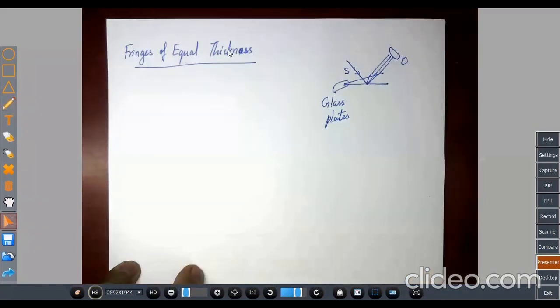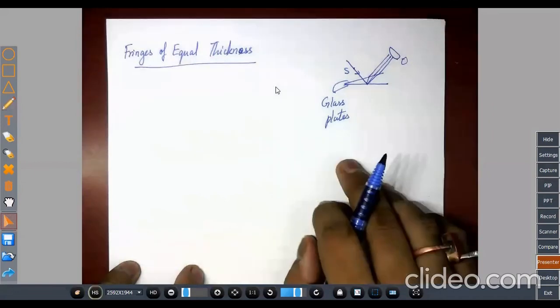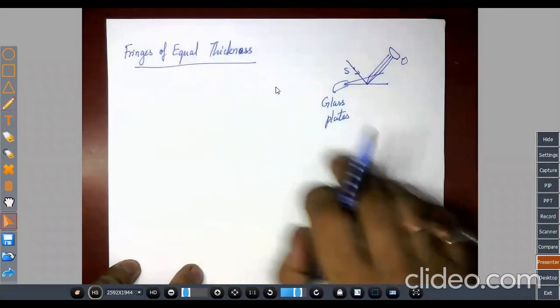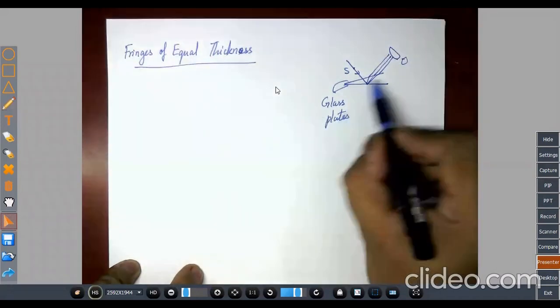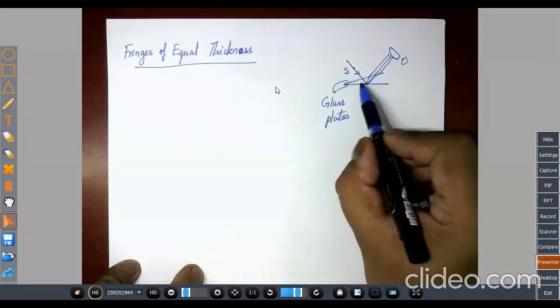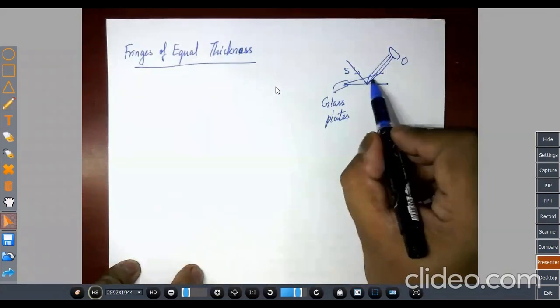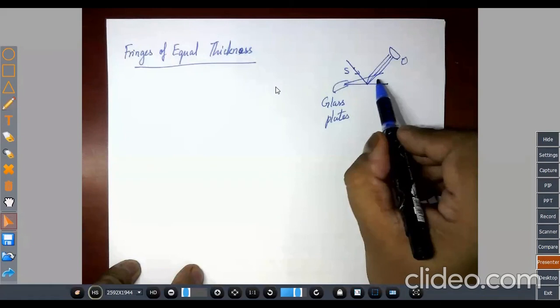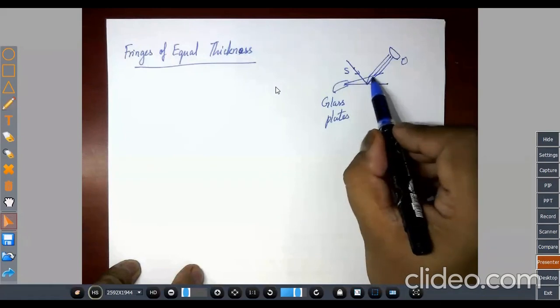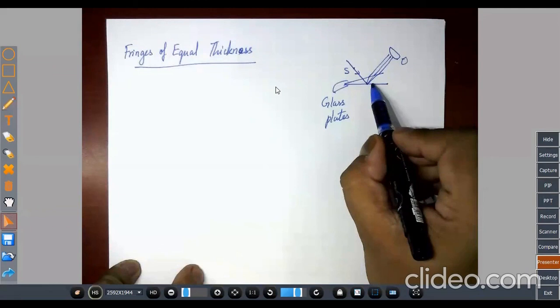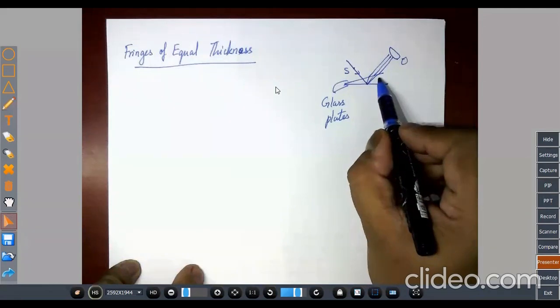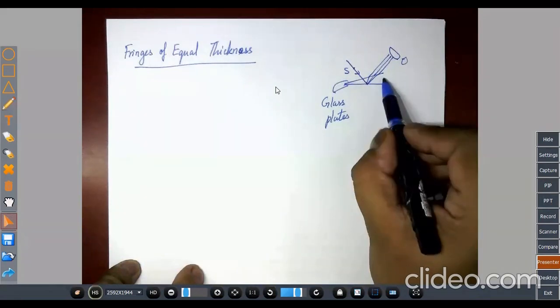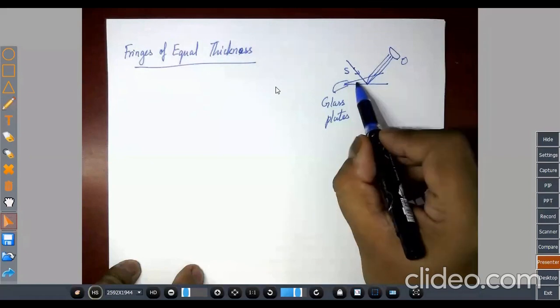So when we see this kind of situation, when the glass plates are inclined and a wedge shaped film is formed, the film has a decreasing thickness. The air film formed between these two glass plates is of decreasing thickness. Thickness here is more and it is gradually decreasing.